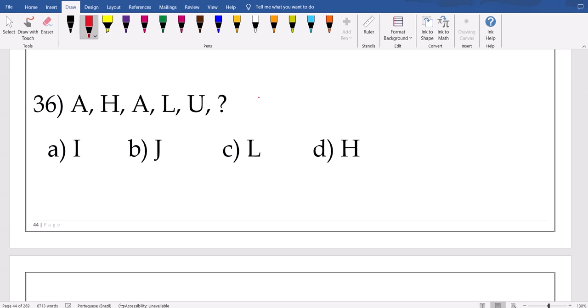In terms of numbers, okay, but I think it is not fit here. Plus 7, minus 7, plus 11, minus 9.